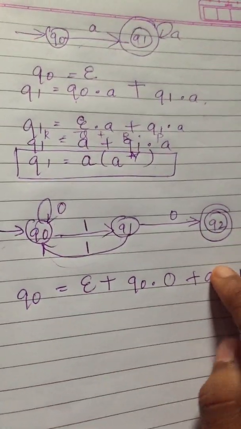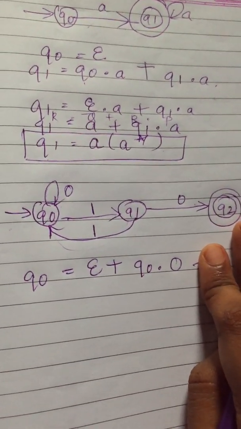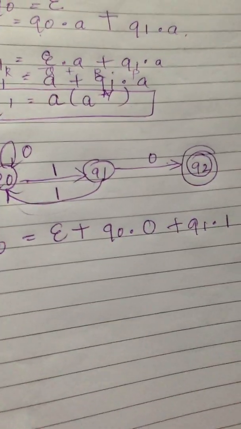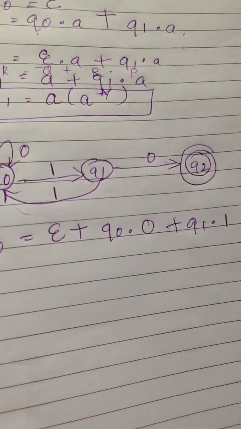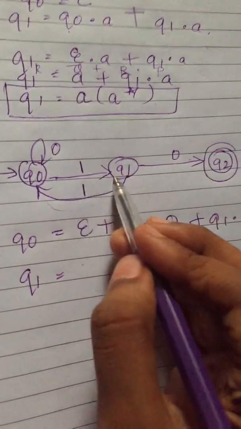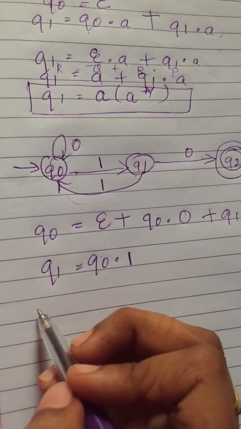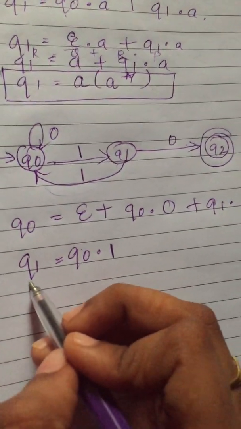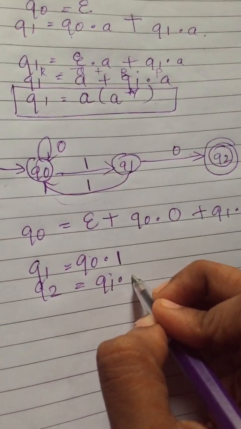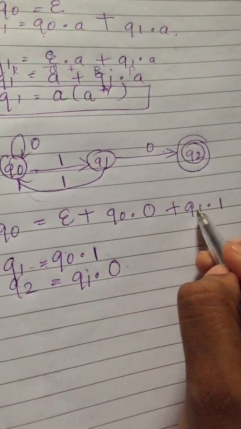Now if this had not been there, we would have used Arden's theorem, but this is being used here and it has arrived here. So now what to do? We don't have the value of Q1, so we will write first Q1 equal to Q0 into 1, and then again we'll write Q2, which is Q1 into 0. Now we will substitute this Q1 value here.